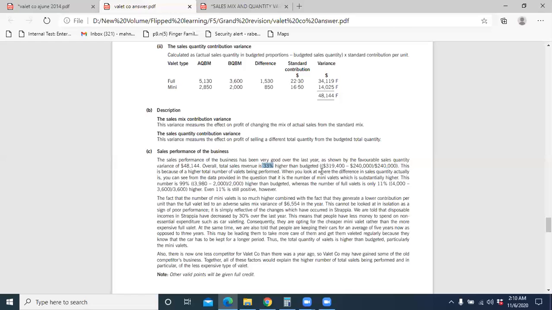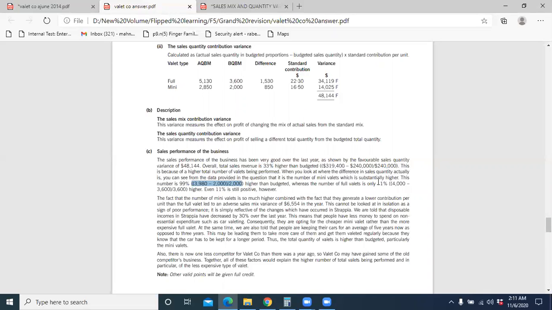So just in the bracket, tell how you have come to that figure. This is because of a higher total number of valets being performed. When you look at where the difference in sales quantity arises, you can see from the data in the question that it is the number of mini valets which is substantially higher. That makes 99%. I also did that working. Just explain that while you're writing how you calculated it: current figure minus base figure divided by base, higher than the budget.